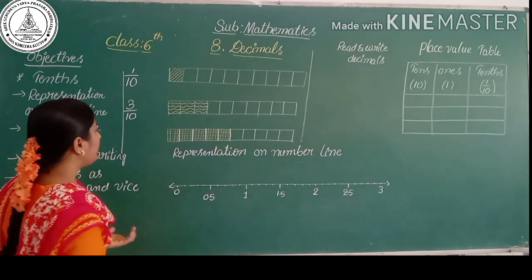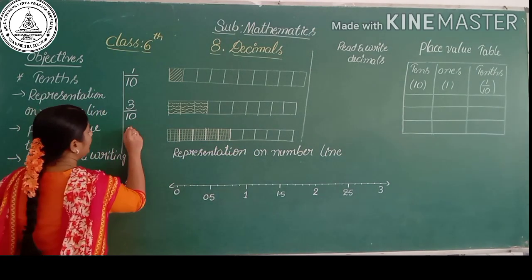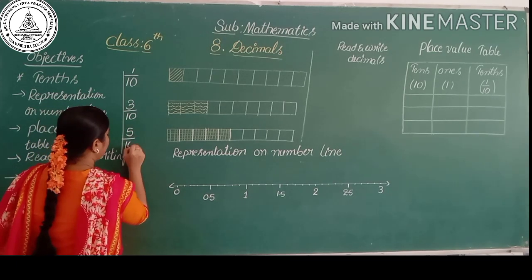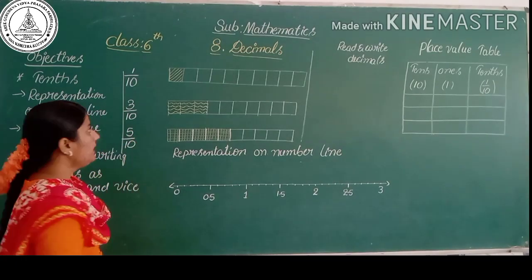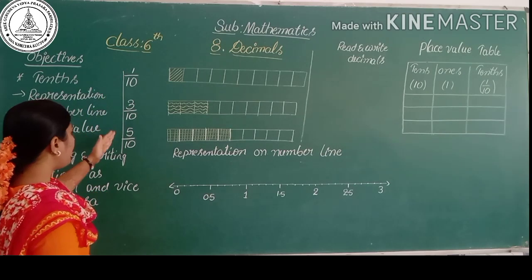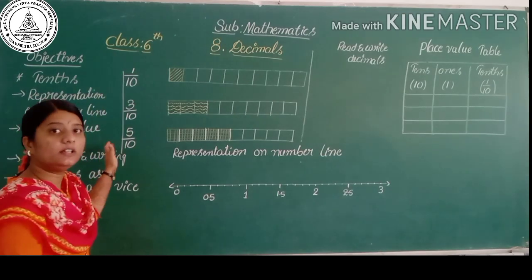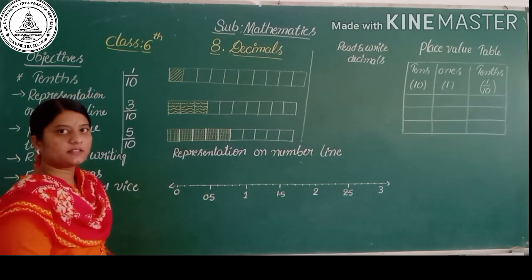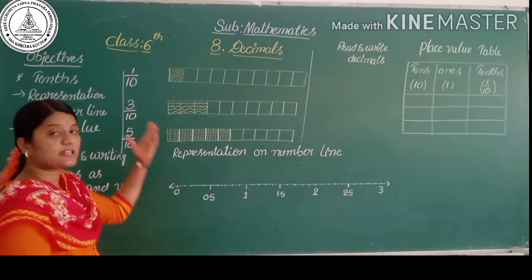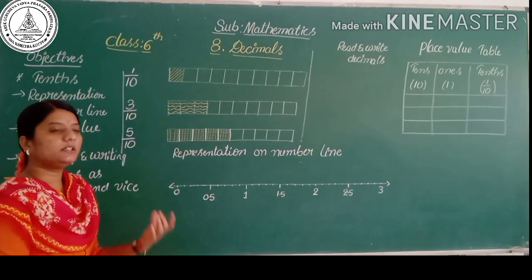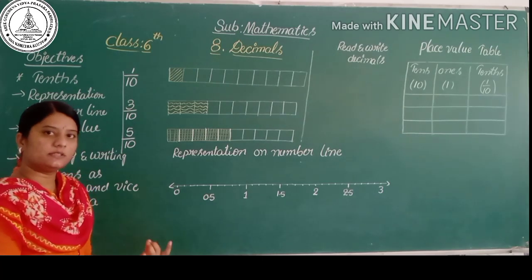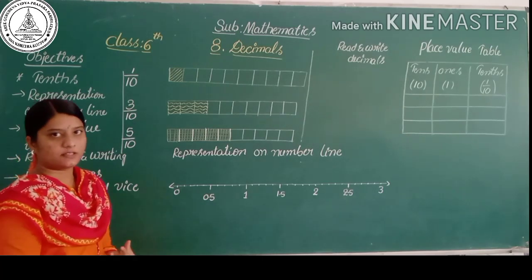How can you write this figure in fractional form? We can write it as 5 by 10. Okay, so these fractions having the denominator 10 are decimal fractions. Yes, decimal fractions means the fractions having the denominator 10, 100, 1000 are all decimal fractions, right?